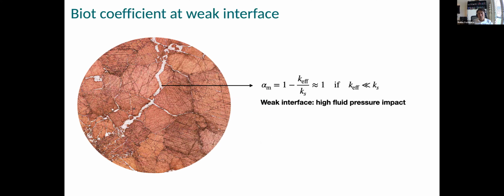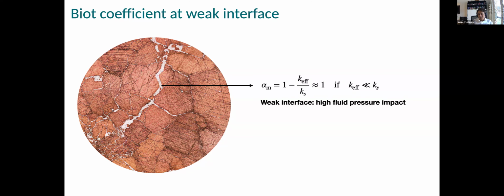So then if we look at stiff rock like granite, and then there are some weak interfaces, maybe grain boundaries, or could be some natural fractures and so on. When the rock has such a structure or heterogeneity, we can also think that the Biot coefficients are different.